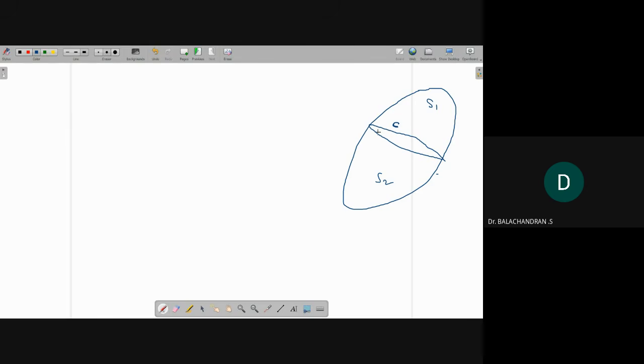So this side is open. After the cut by the plane, you can see this is a closed curve C. So now you can use Stokes theorem, because S1 is open and S2 is also open.